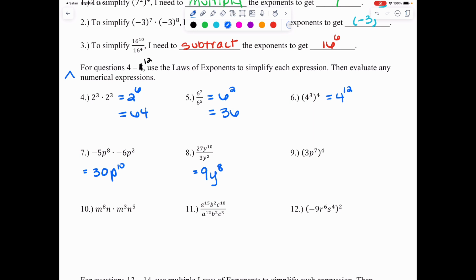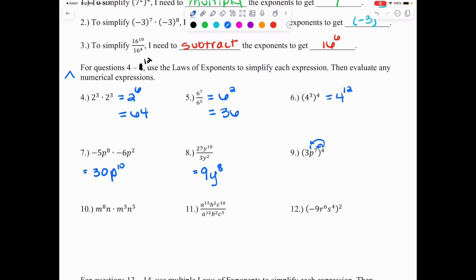Then in number 9, our coefficient is 3. This is power to a power, so it would be very helpful to put that little exponent of 1 on that coefficient of 3 so that you don't forget to include it. For power to a power, we're going to take this exponent of 4 and multiply it by all exponents inside the parentheses.